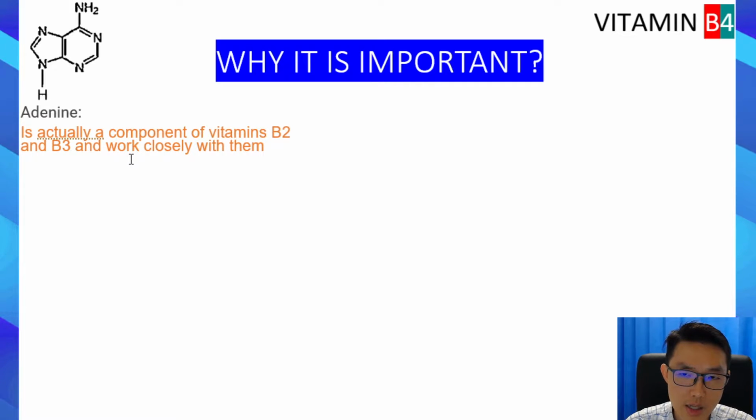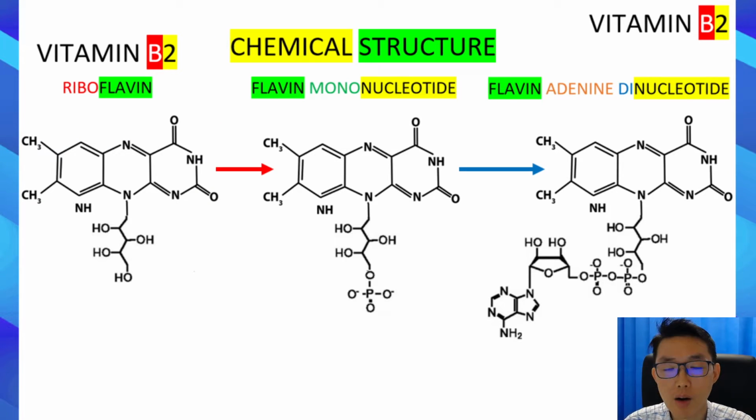Firstly, it is a component of vitamin B2 and B3 and works closely with them. If you recall from our vitamin B2 presentation, the basic form of vitamin B2 is known as riboflavin.